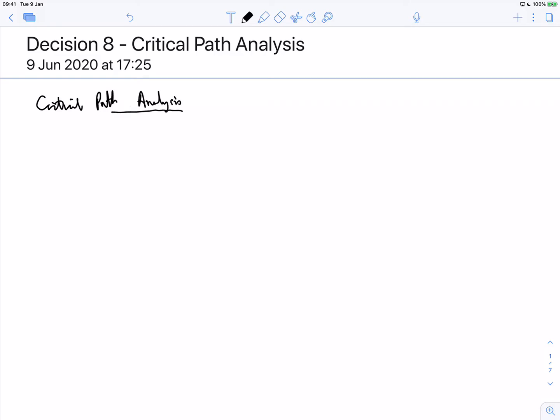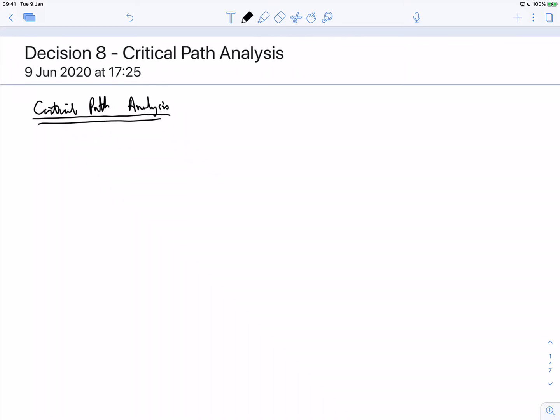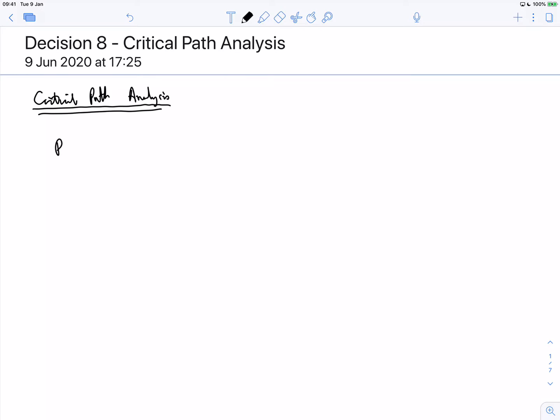Well, suppose you've got a project, okay, that's got a lot of intermediate tasks that need to be completed in a specific order.